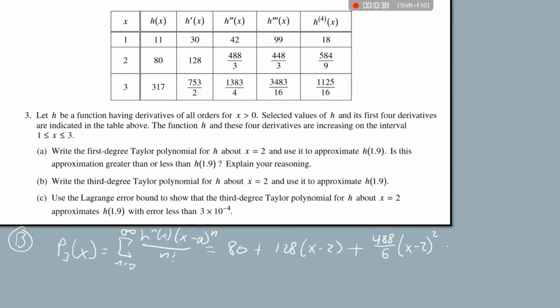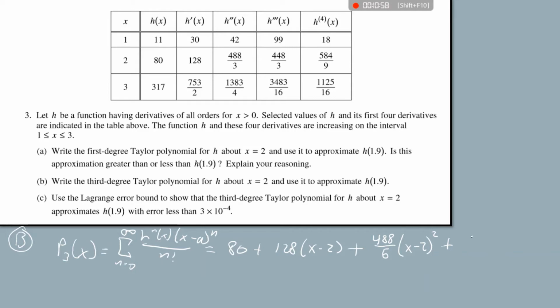Okay, and I need one more term, right? For a third degree polynomial. Plus 584 over 9. Hold on, I think we're still in the third term, not the fourth term yet.